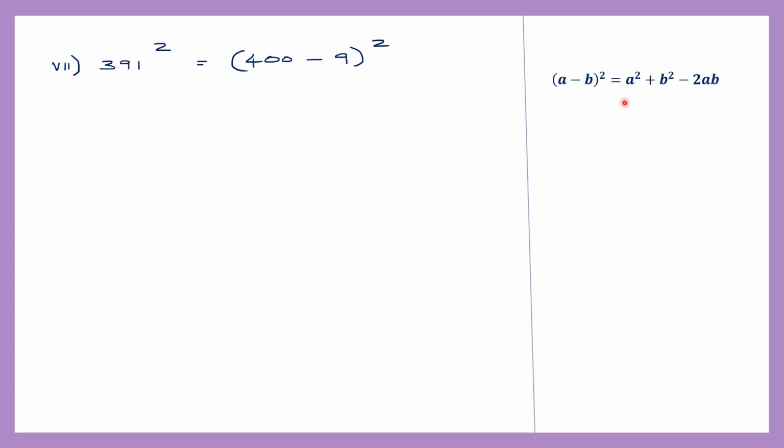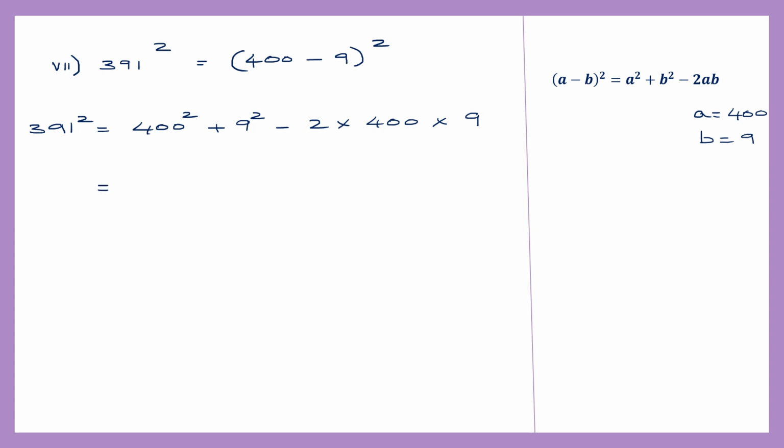(a - b) the whole square is a square plus b square minus 2ab. And what is a here? The first term, that is 400, and b is the second term, which is 9. So let's do that. 391 square will be a square, that is 400 square, plus b square, 9 square, minus 2 into a, 400, into b, which is 9.